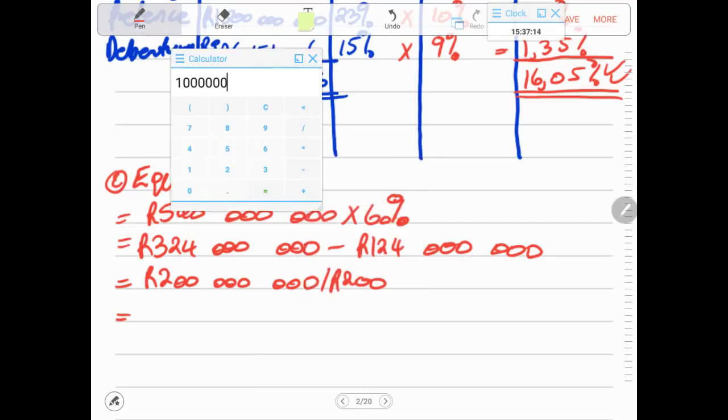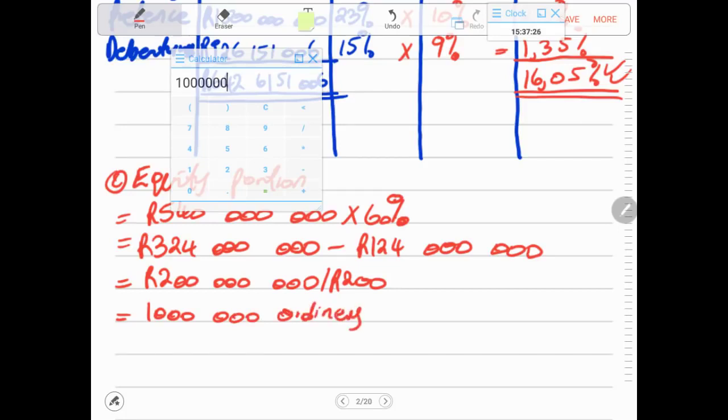Divide this by 200, and it will give us 1 million shares. 1 million ordinary shares. So now it means the company must issue 1 million ordinary shares in order to fund the 200 million capital through equity. So this was the second requirement, which was number C, my main focus.